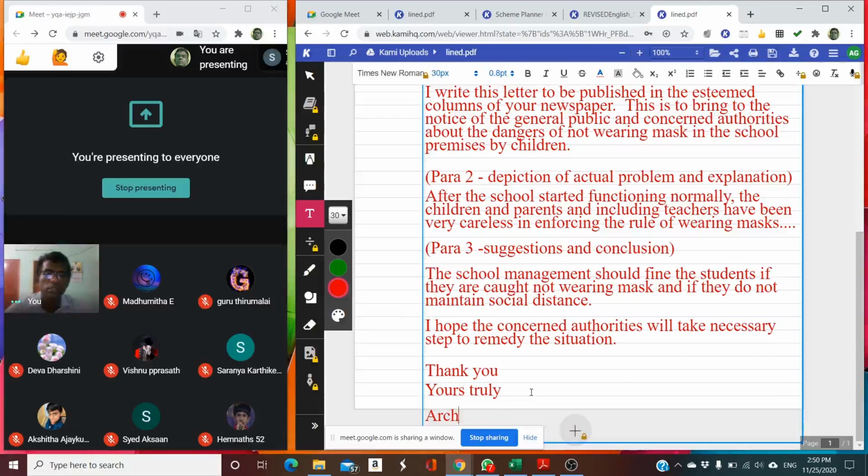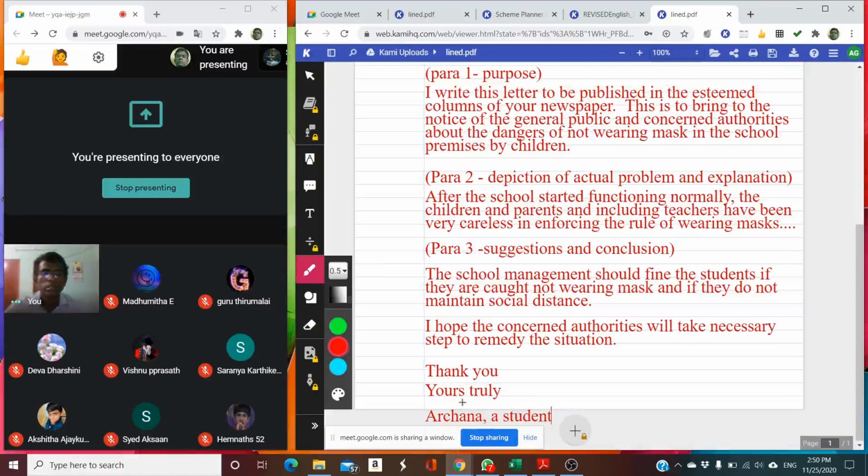Archana. Student, class 12. Student or whatever the designation. Okay. So there is a signature above the name. Signature comes above the name.